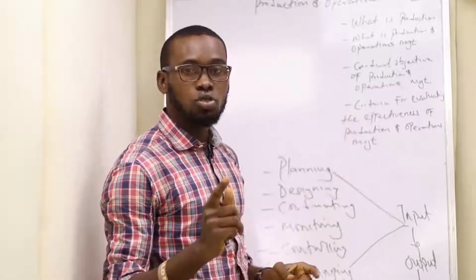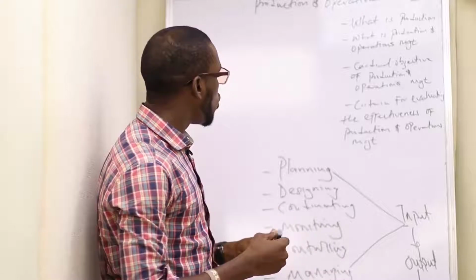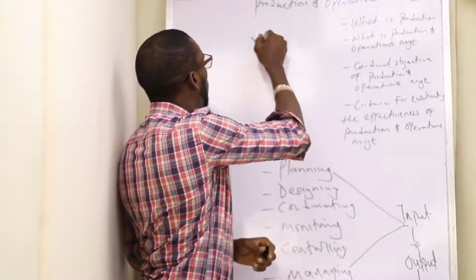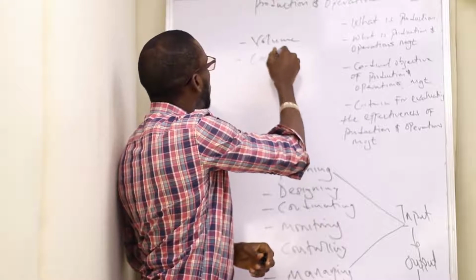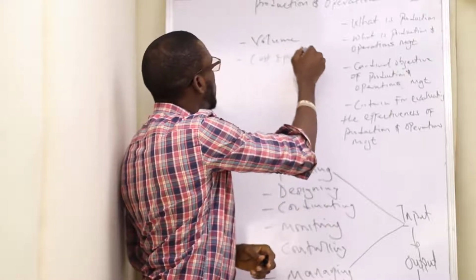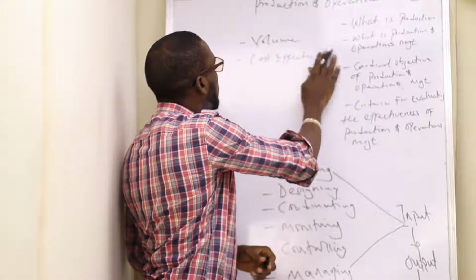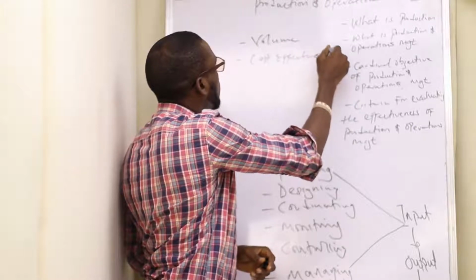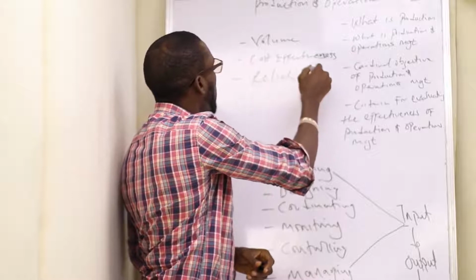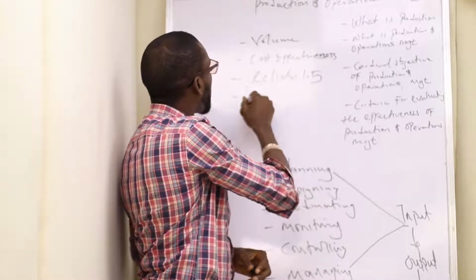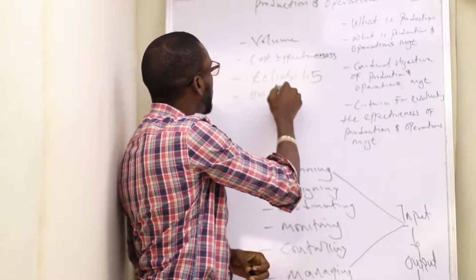operation system. I go through it again. One, we said the volume. Two, we said cost effectiveness. Three, we said reliability. Four, we said on-time delivery.